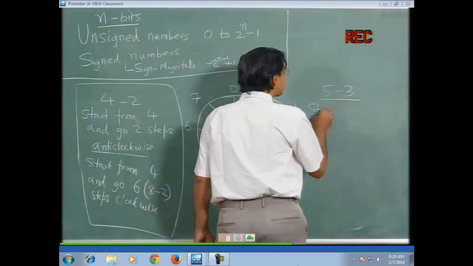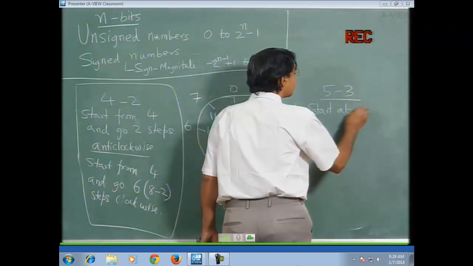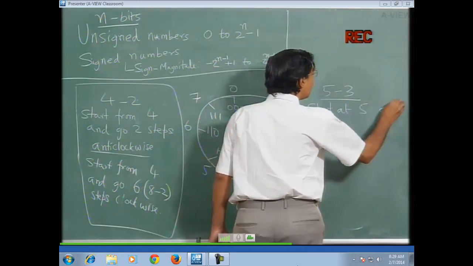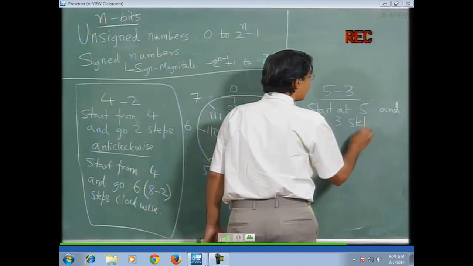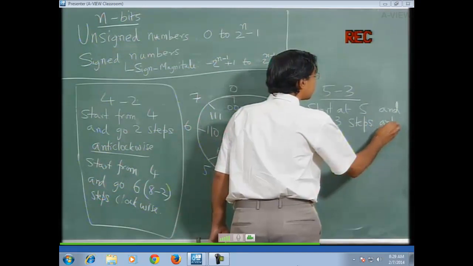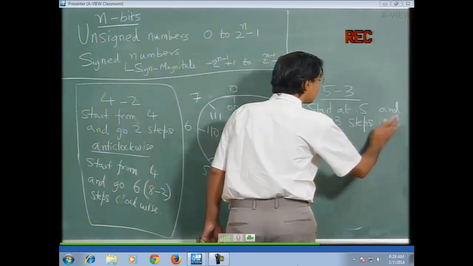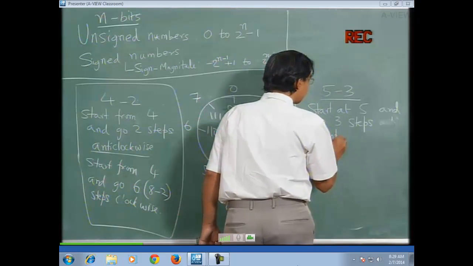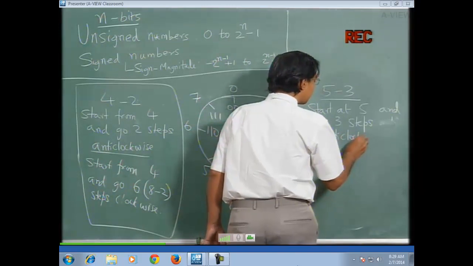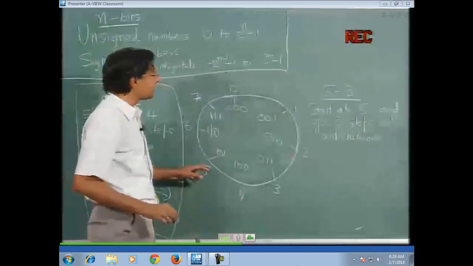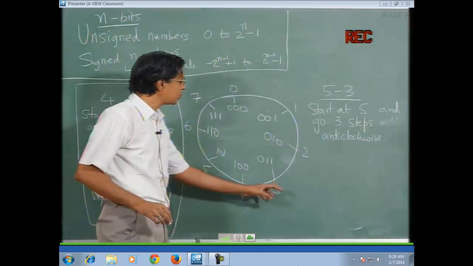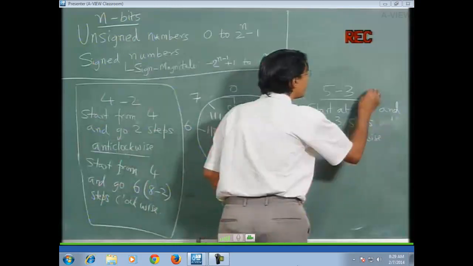So one way is start at 5 and go 3 steps anti-clockwise. So start at 5 and go 3 steps anti-clockwise, 1, 2, 3. So I get 2.